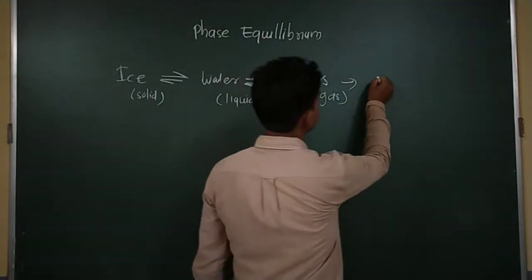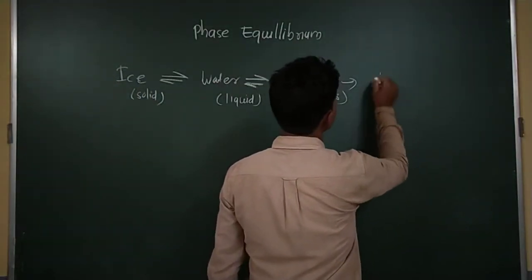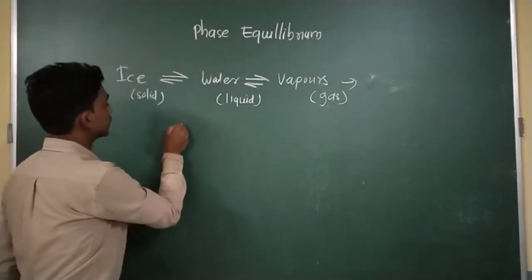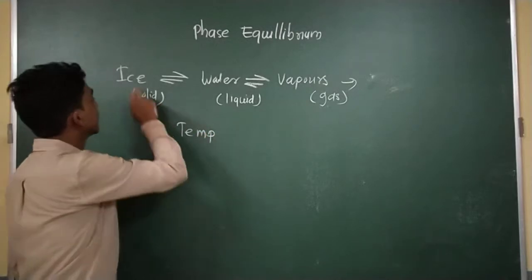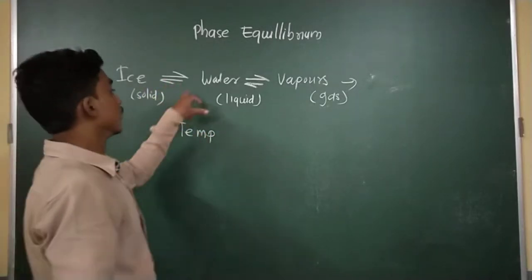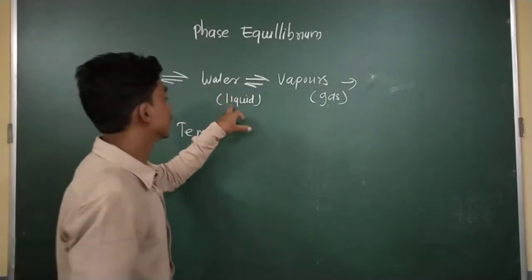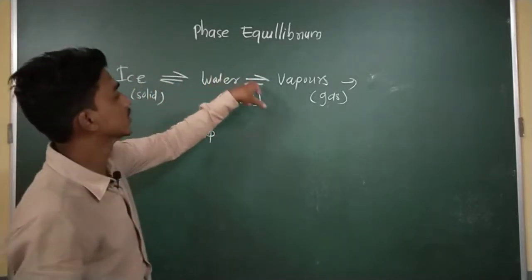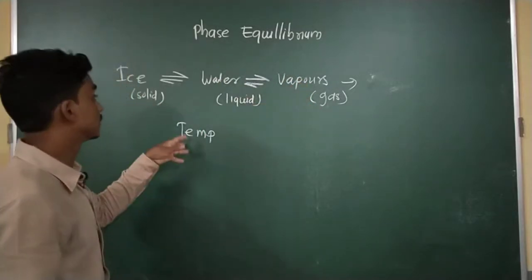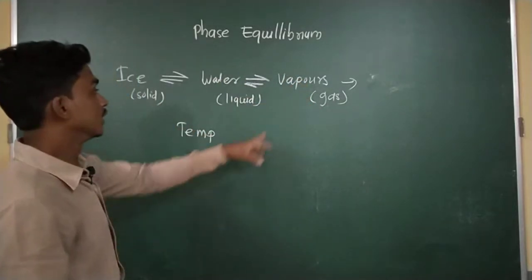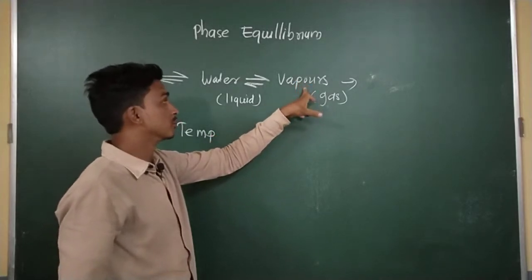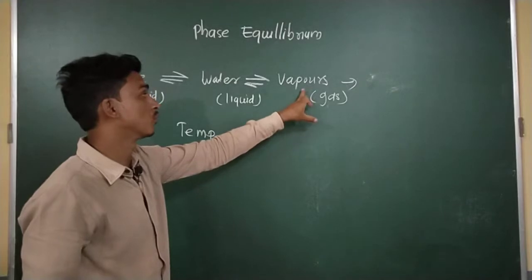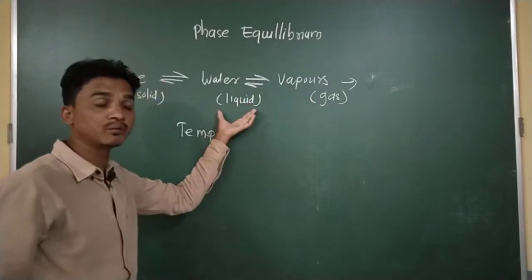are specified by change in temperature. I am writing here: change in temperature. If I change the temperature, ice gets converted into the liquid state, that is water molecules, and these water molecules get converted into vapor state if I am increasing the temperature. If I am decreasing the temperature, these gaseous vapors get converted into liquid molecules.